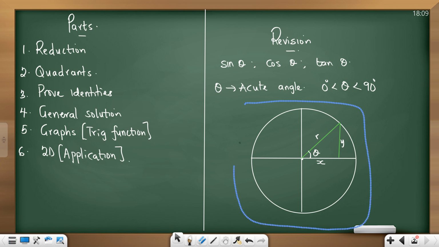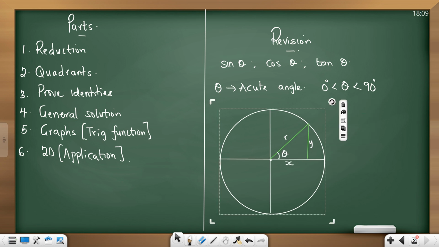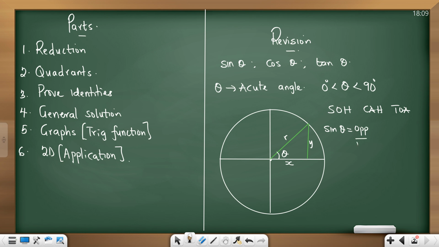And I remember that in grade 10, that's when we learned the acronym SOH CAH TOA, where sine theta is the opposite over the hypotenuse, which is y over r.